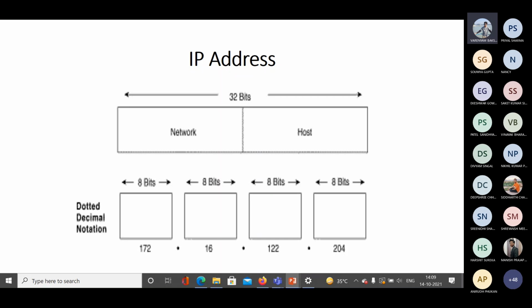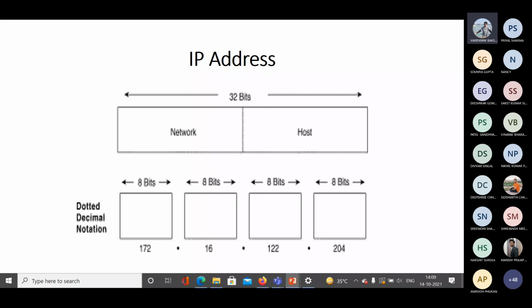And the host part is going to tell you the host's actual address. This variation will give different addresses to different hosts, and this variation at the network side will give the addresses of the subnet parts. Here we are not looking at the subnet part as of now. We will call it the network part and then the host part.